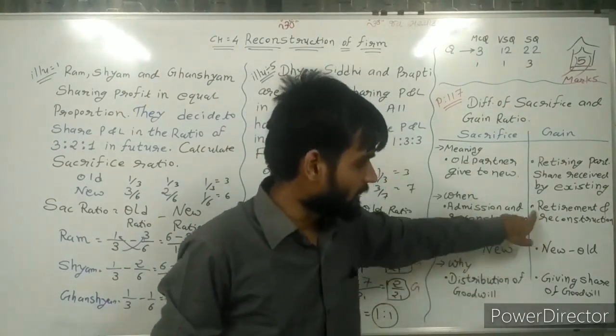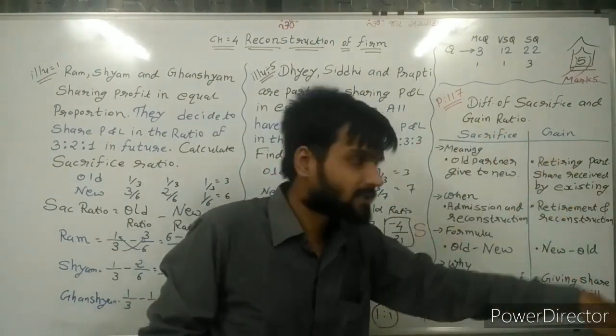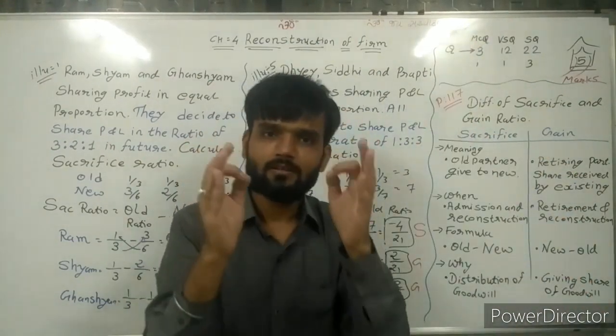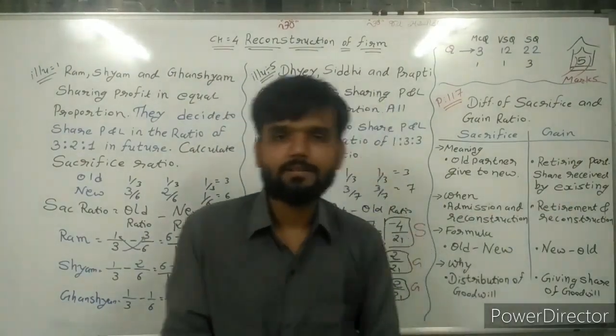So at the time of retirement, to give the share of goodwill to that particular partner, gain ratio is found. So this is the difference between sacrifice and gain.